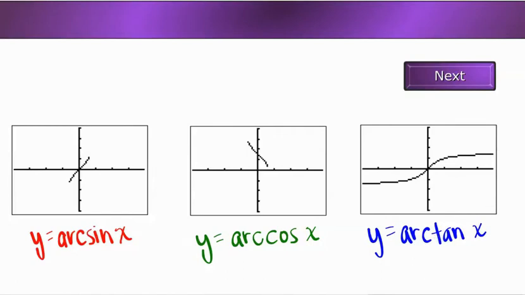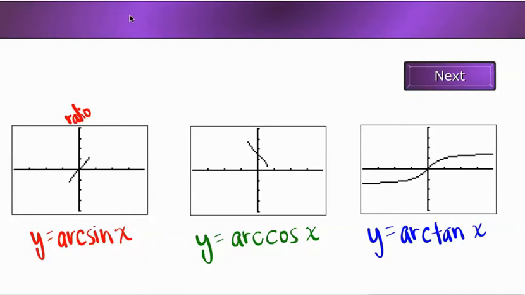Okay, this is how it would fall. The reason this is arc sine is because, remember, our angles were our input and our ratio was our output for y equals the sine of x. But when we do the arc sine of x, our ratio is now on the y-axis.